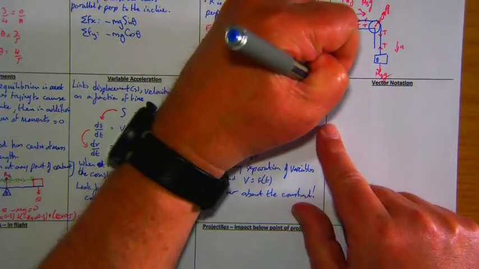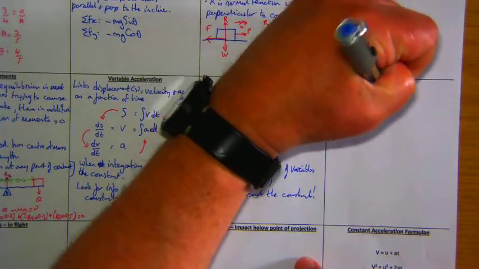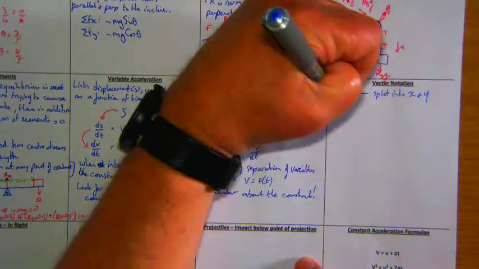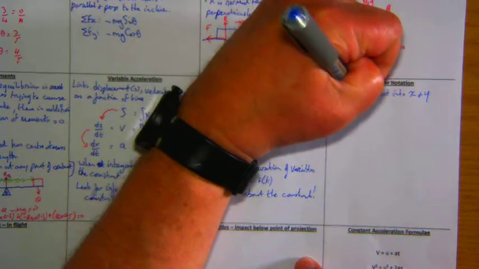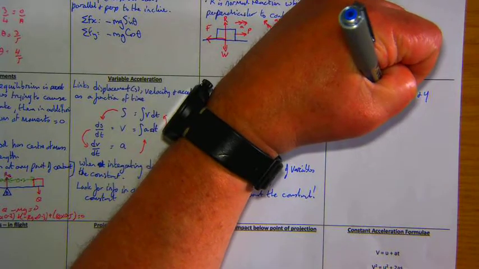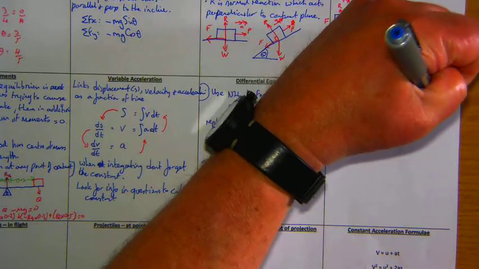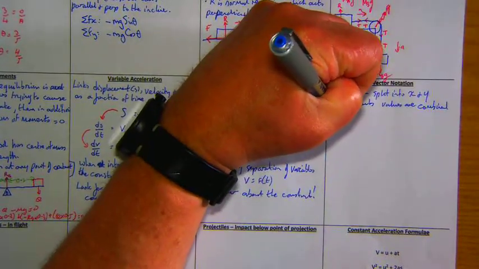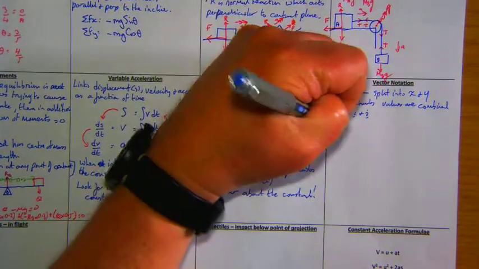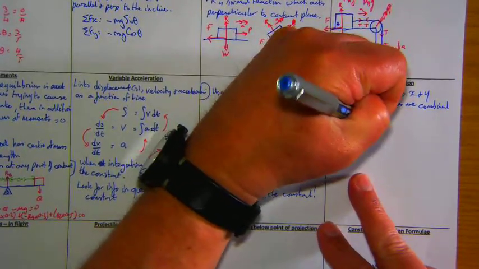So rather than split into x and y components, the values are combined using i and j. So you could be given a force, F equals 2i plus 3j.